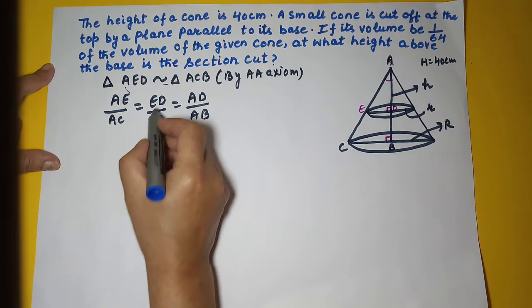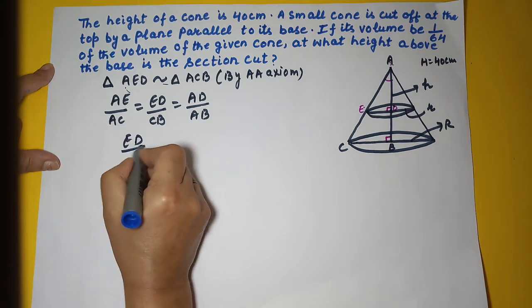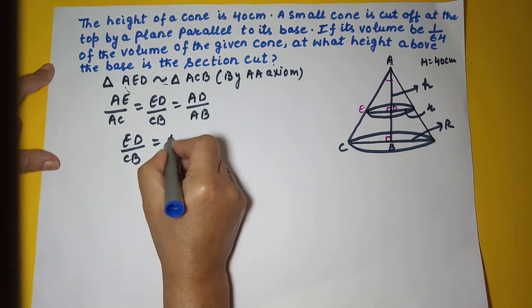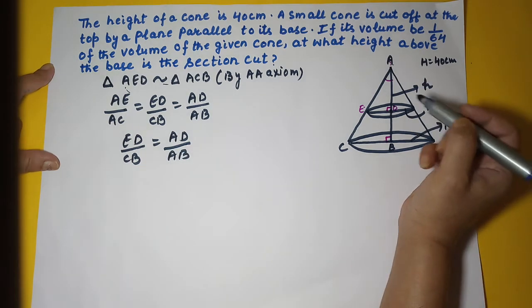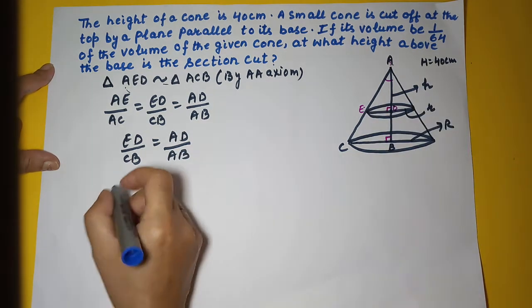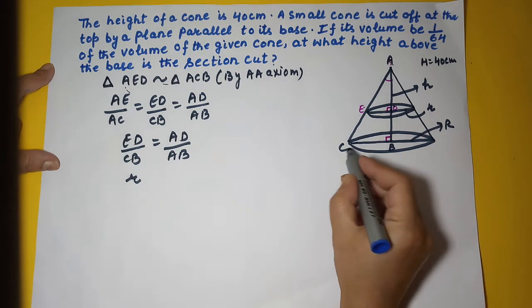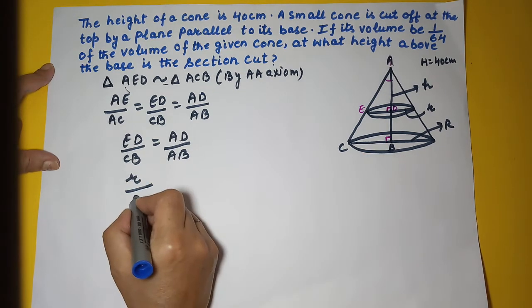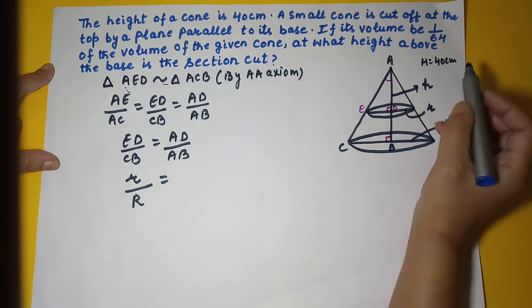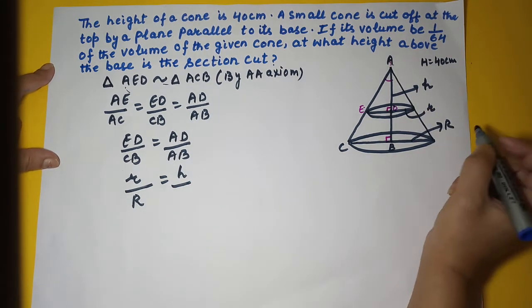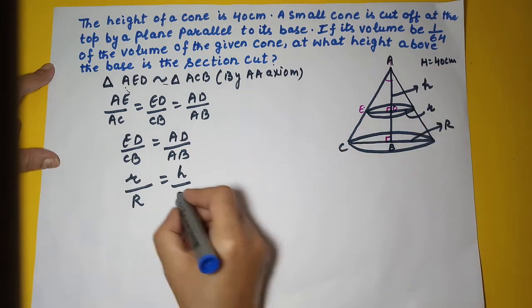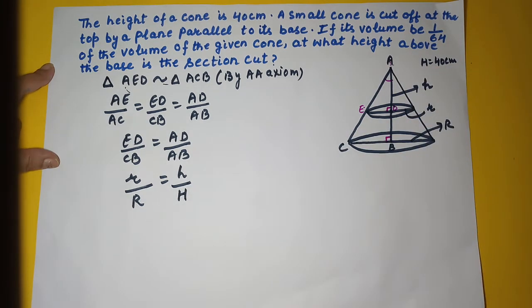Let's go to ED. We'll prove that ED upon CB is equal to AD upon AB. What is my ED? My ED is small r. And what is my BC? It is big R. Is equal to, what is my AD? It is small h. And what is my AB? It is big H. Right? So let me keep it as it is.